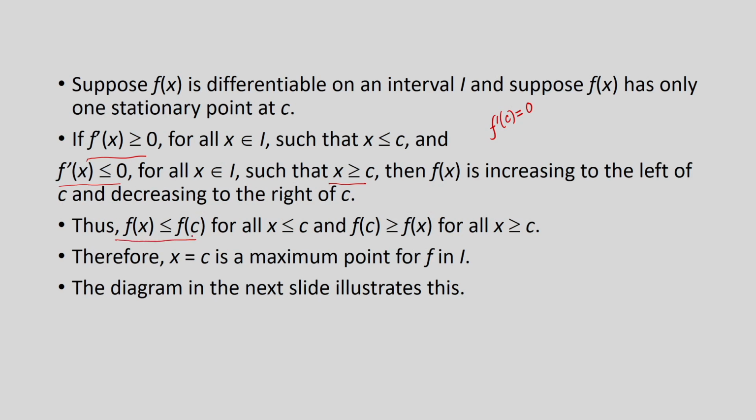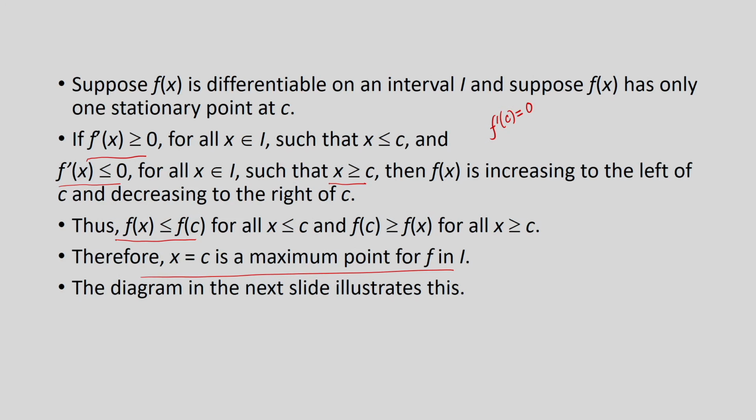Thus, f x is less than or equal to f c for all x less than or equal to c, because the function was increasing there, and f c is greater than or equal to f x for all x greater than or equal to c, because the function is decreasing there. Therefore, x is equal to c is a maximum point for f in I. So, this is important. If these conditions are satisfied, then actually you can get a maximum point at c.